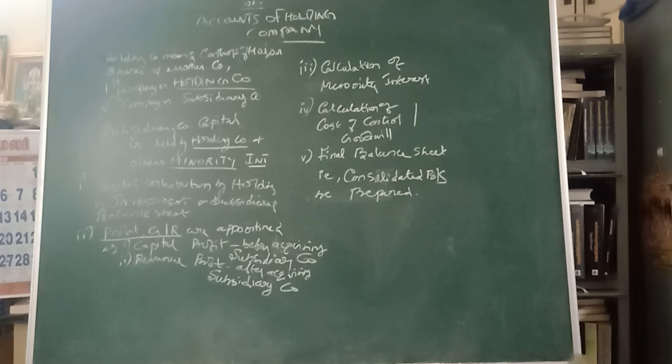We have to note on what date the company is controlled by another company, on what date onwards the shares and the management are controlled by the holding company. So before that date and after that date, we have to apportion the profit and the general reserve, all those things.